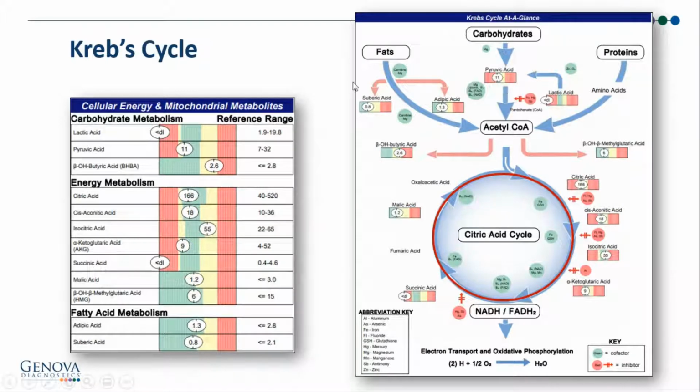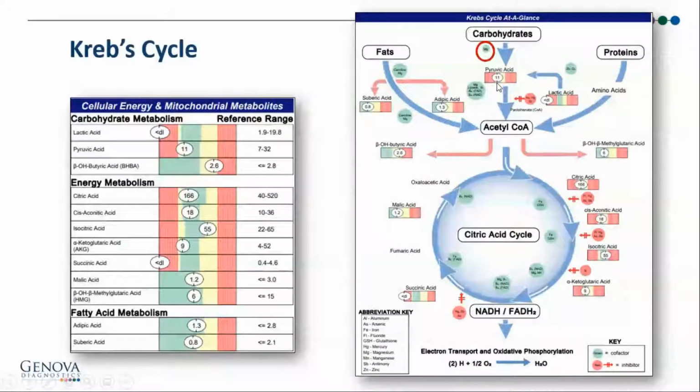Now, we look at these in variation to get a sense of what nutrient cofactors may be a problem. So here are the citric acid cycle organic acids, and we're looking again for imbalance. So if we look, for example, at carbohydrates converting to pyruvic acid for glycolysis, the green circles contain those cofactors that need to be there adequately.